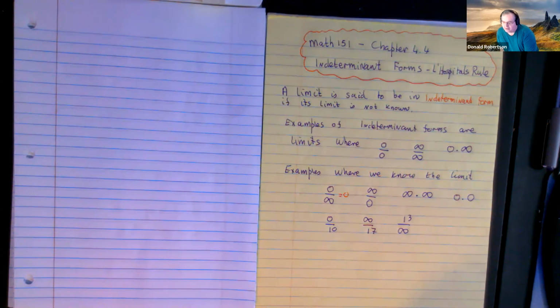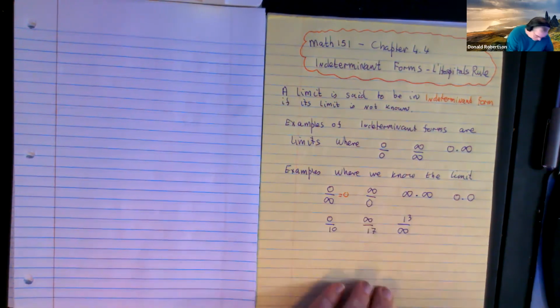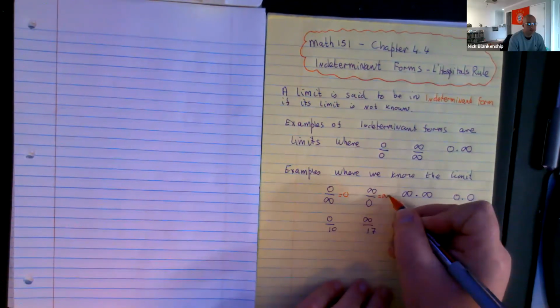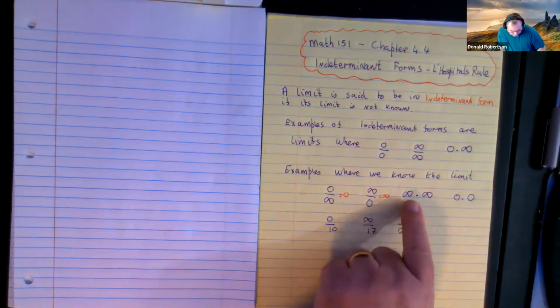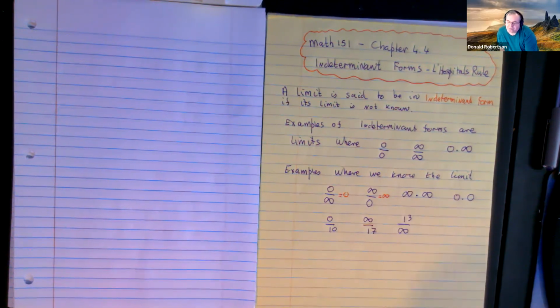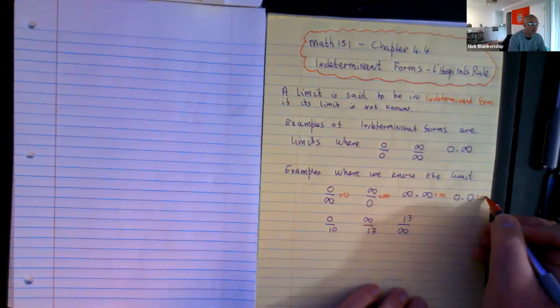It's really, really 0. Infinity divided by 0 would get you infinity. So that's not indeterminate, right? If you know what the answer is, and infinity counts as an answer, then it's not indeterminate. What about infinity times infinity? Kind of obvious, I hope. What would that get you? Infinity. And 0 times 0 gets you 0, right?